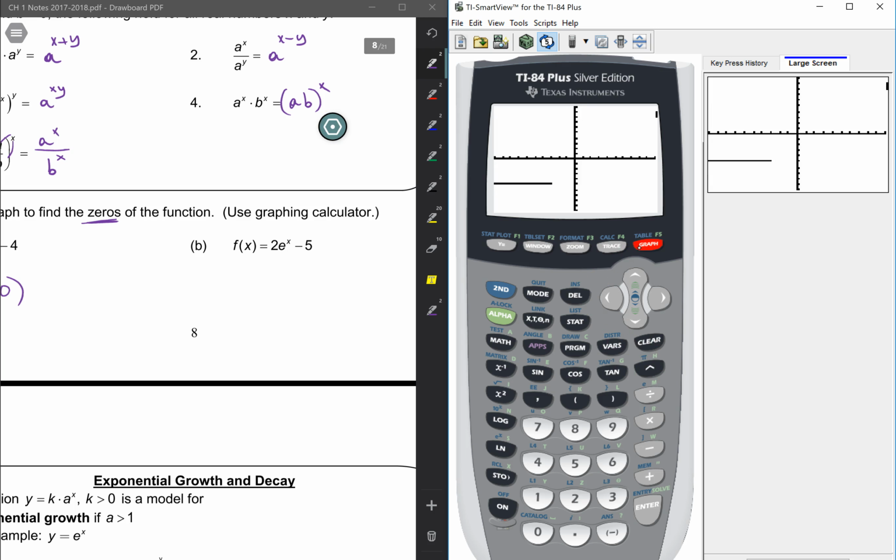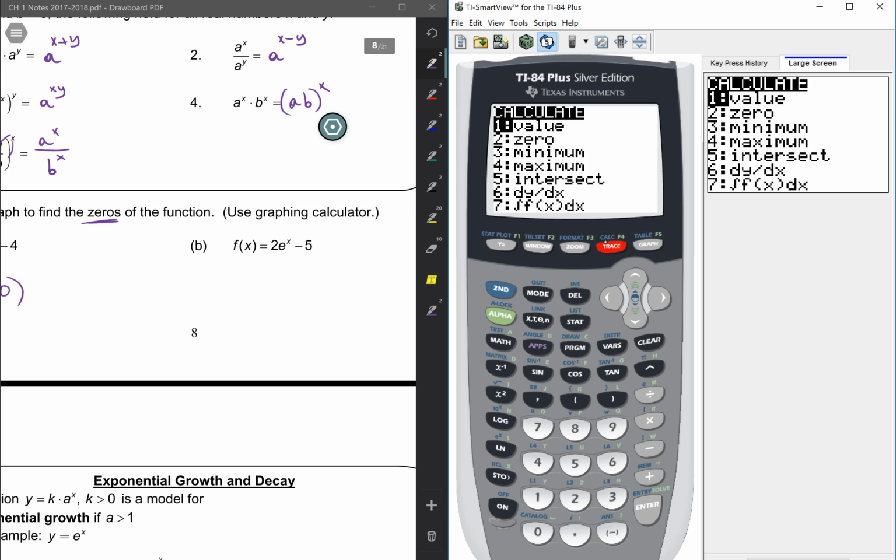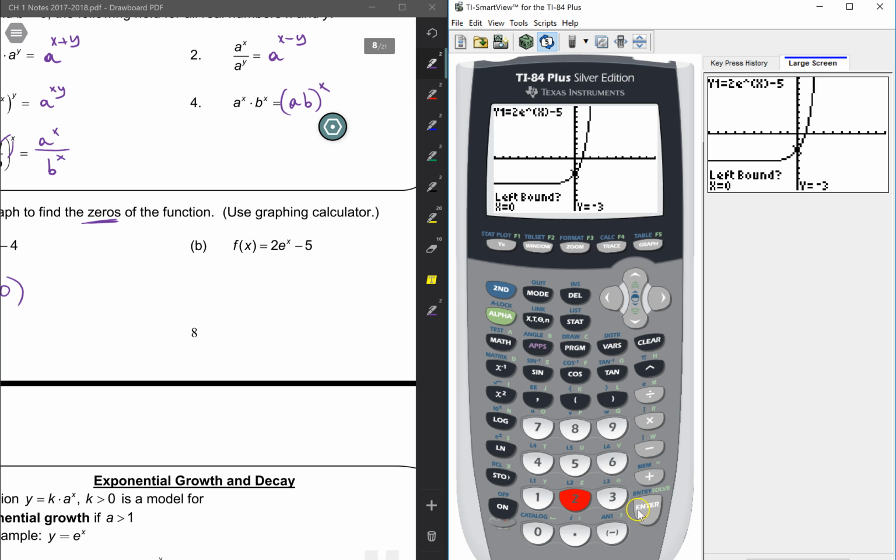All right. So again, second calc, 0. Now, it wants left bound. So first, take the cursor to the point you're trying to locate. Now, press the left arrow a couple of times. 2 times, 3 times, doesn't matter.